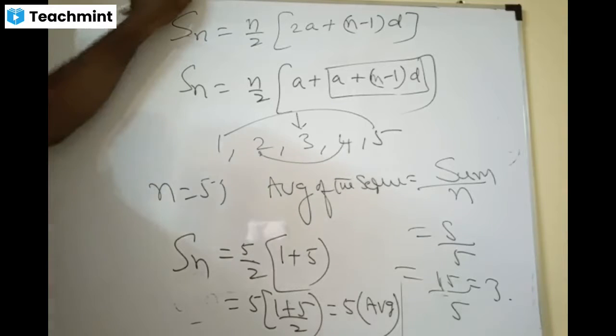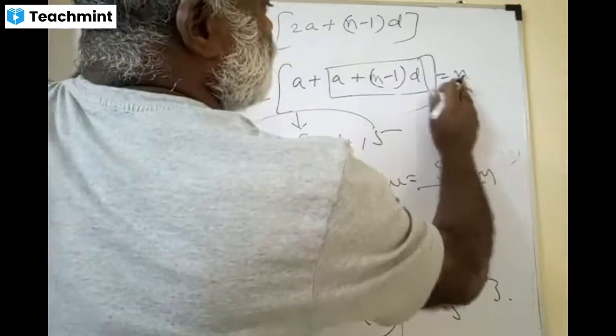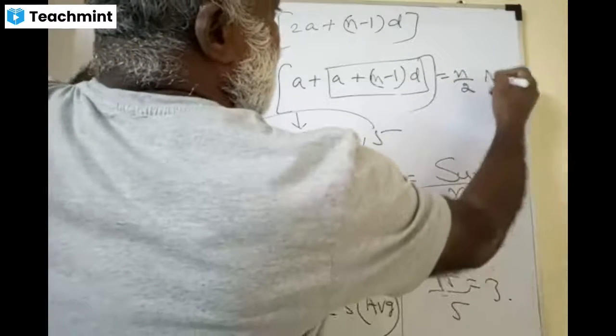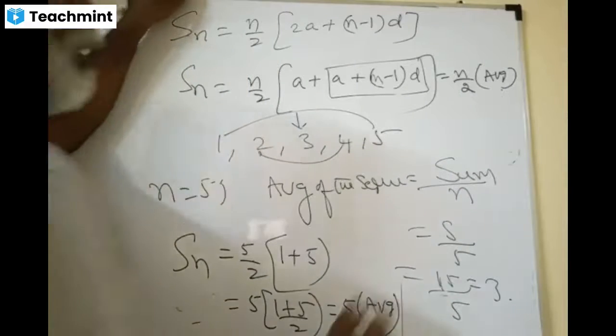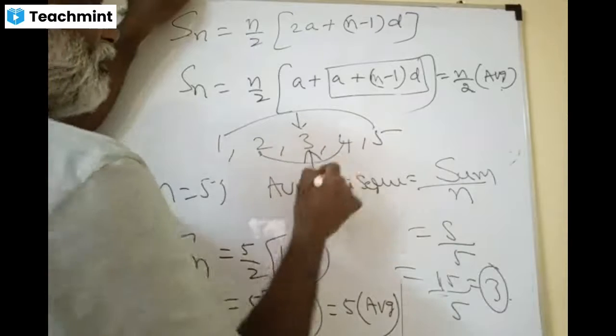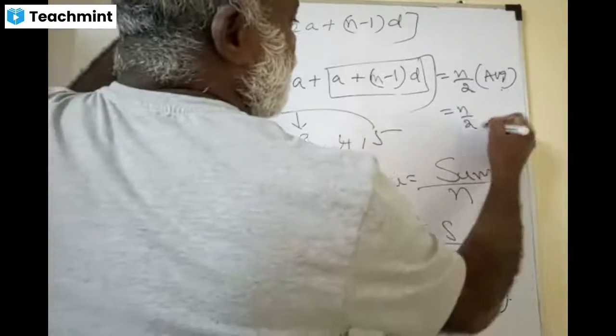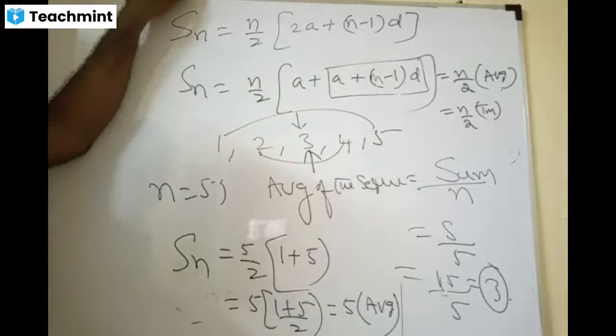Okay. So friends, here I can write this Sn as n into the average, that's it. Or this average is nothing but what, ma? Middle term or not? Yes, sir. That is called Tm. Tm stands for what? Middle term.